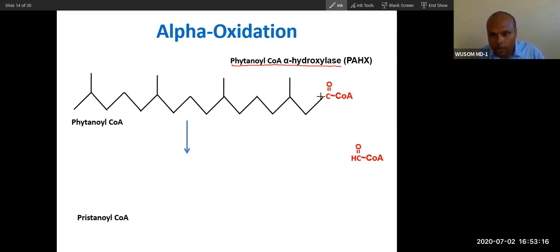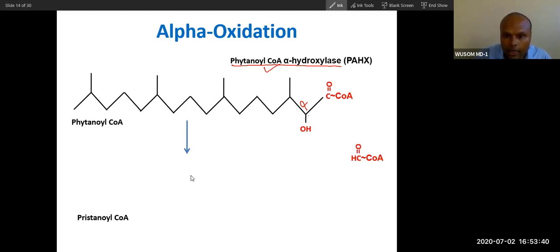So what is the alpha position? This is the functional group, and this carbon is the alpha carbon. This enzyme causes hydroxylation of this carbon. Our mitochondria do not have this capacity. Because of hydroxylation, this fatty acid will undergo its catabolism.